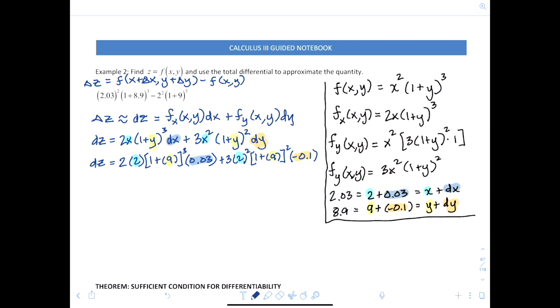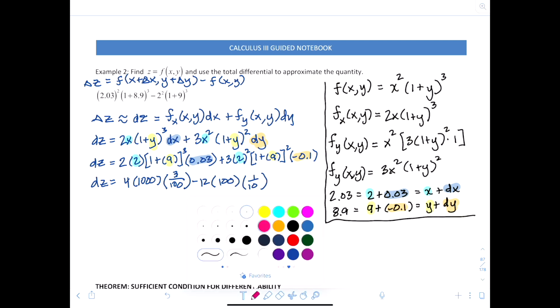All right, so doing some computation, we will have 4 times 1,000 times 3 over 100, right? 300ths. Plus we'll have a minus 12 times 100 times a 10th. And so some of this will divide out.